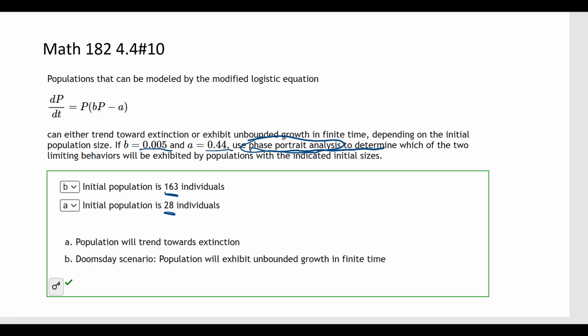So just to start off, what we were used to seeing is dP/dt = rP(1 - P/K).